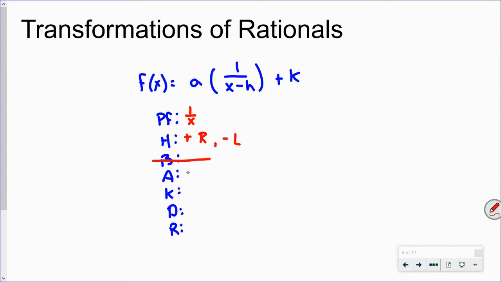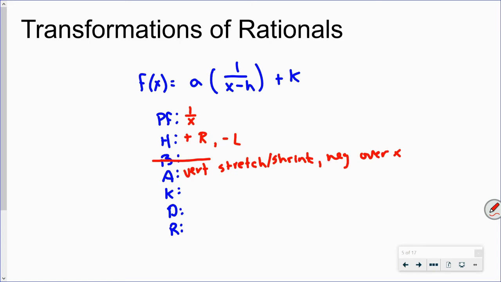A is still a vertical stretch and shrink. Still, if it's a fraction, it's going to shrink it. If it's an integer, it's going to stretch it. A negative will flip it over x.